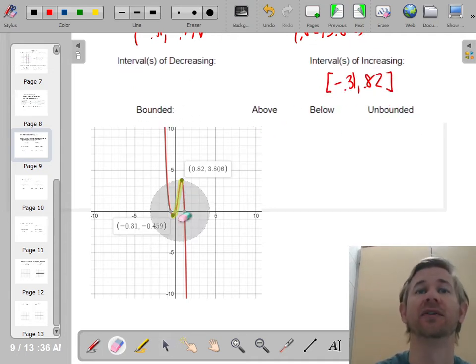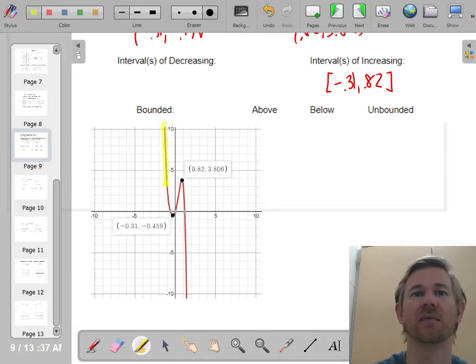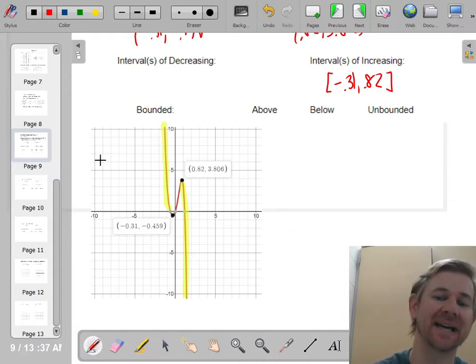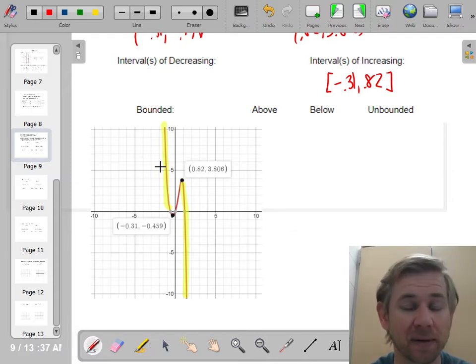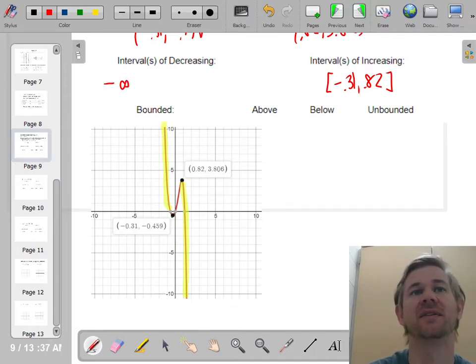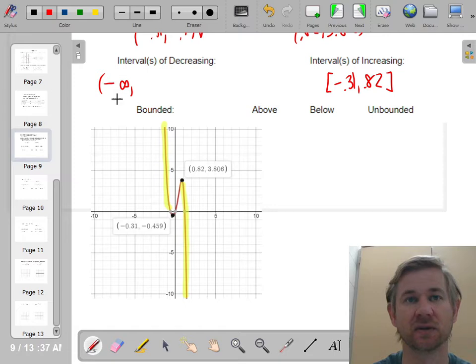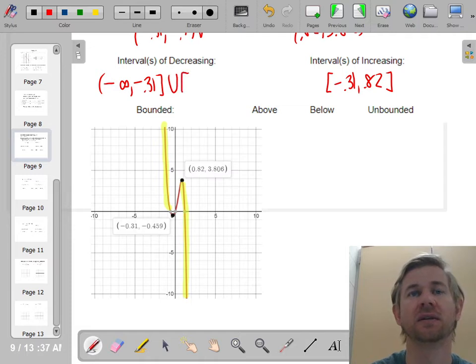Now I'll do the interval of decreasing. Decreasing is from there and there. Those are going down as you read left to right. So this thing goes to the left forever. It's not that it's going up. We're talking about x values. It's going left, so negative infinity, and you can't get to infinity, so it's parentheses, to this x value, negative 0.31, and we say bracket, union.